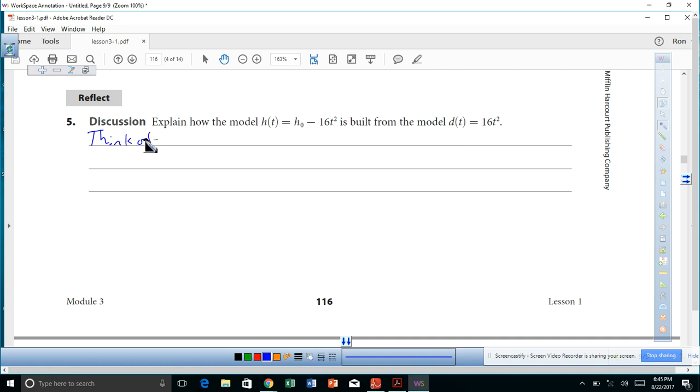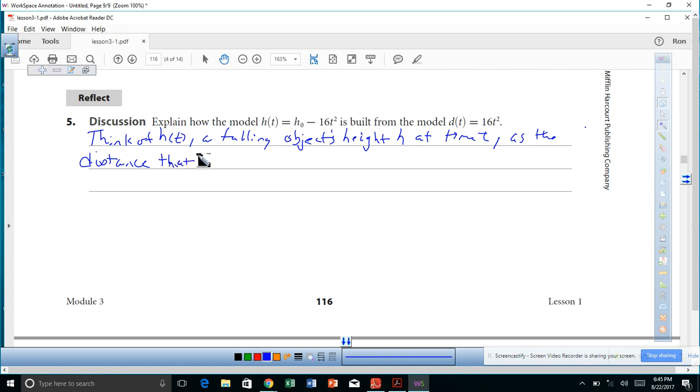Think of h of t, a falling object's height, h at time t, as the distance that the object has left to fall.